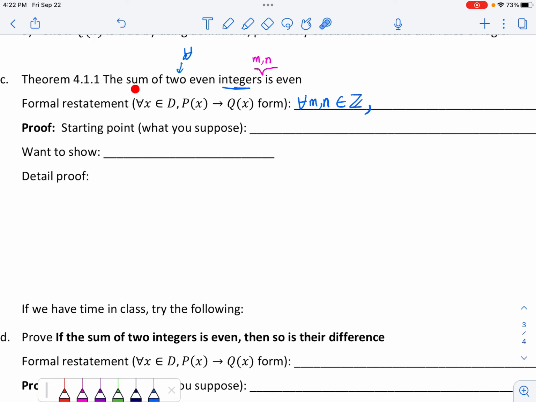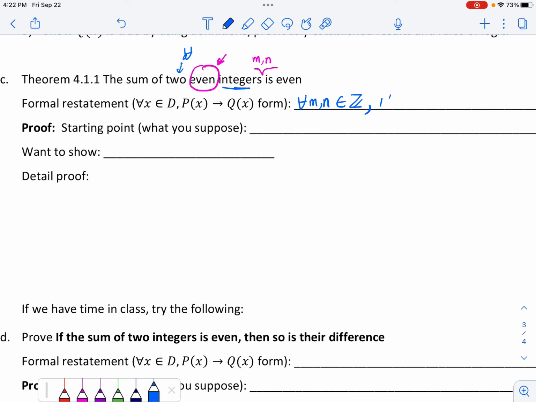And now the sum is even. But of course, we still need to look at the sum of two even integers. Like m and n are integers, they have to be even so that the sum is even.